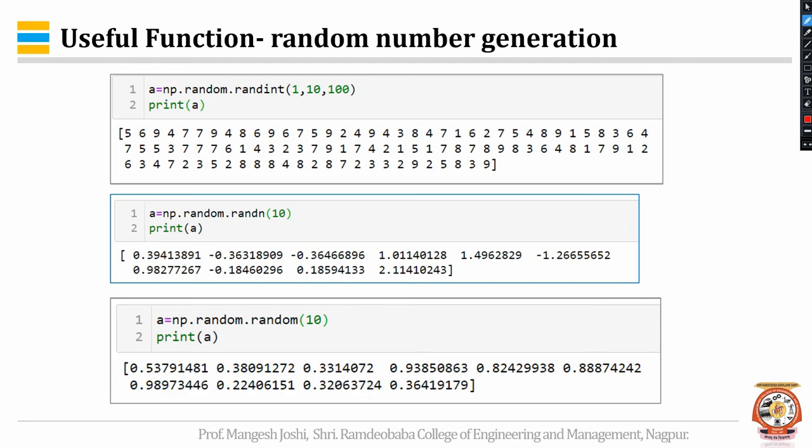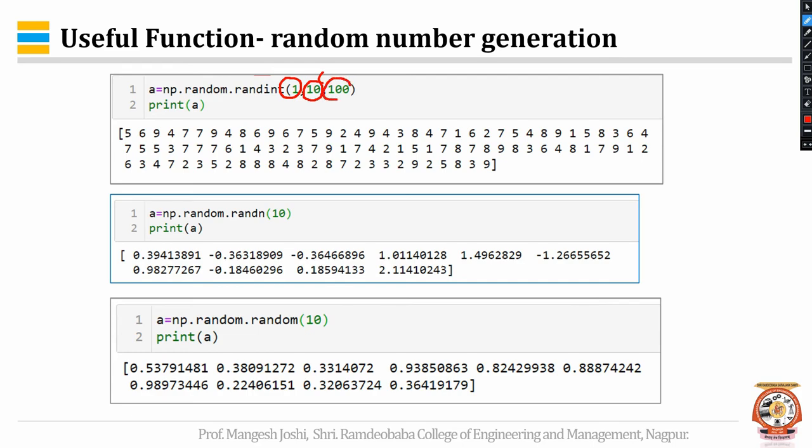The function is randint, that is, it will generate random integers. All the values generated will be integers. Now the first parameter, 1, represents the starting point, and the second represents the ending point, meaning you will get random numbers of integer data type between 1 and 10.